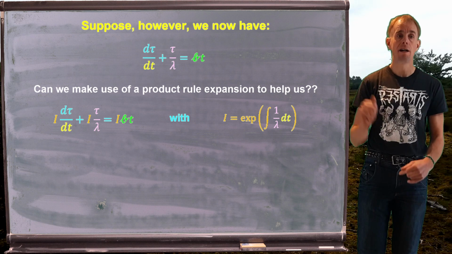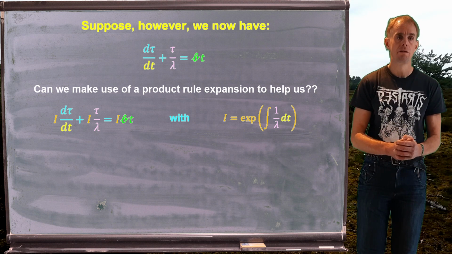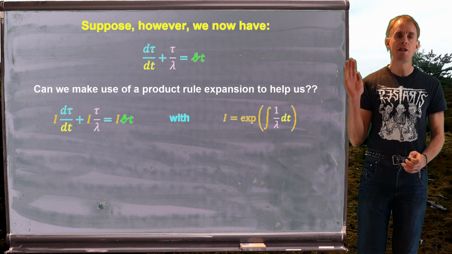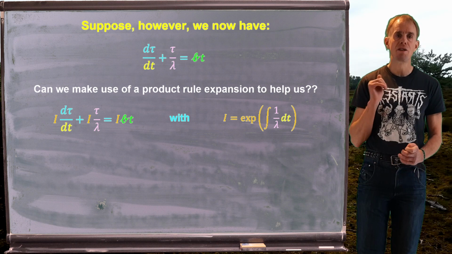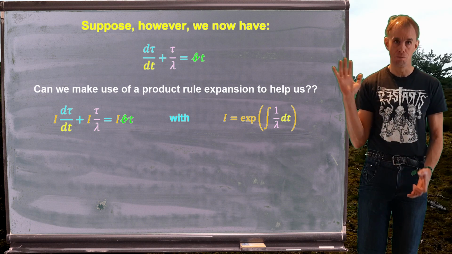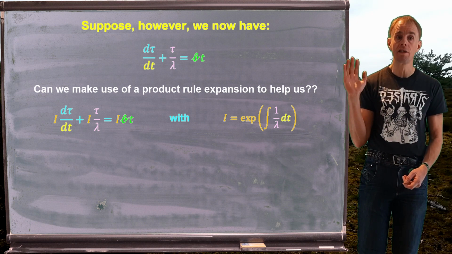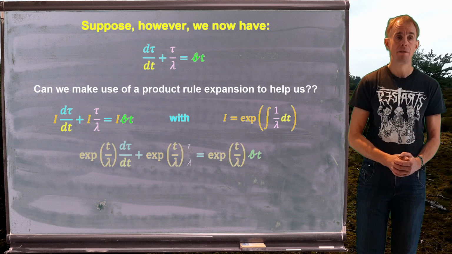So I'm writing I as the exponential of the integral of 1 over lambda dt. And we'll see if we use that definition of I, something rather convenient happens, which is why we've defined I quite precisely in the way that we have.